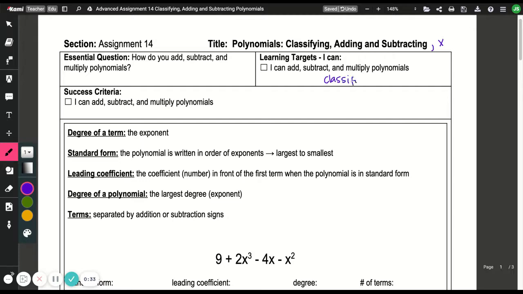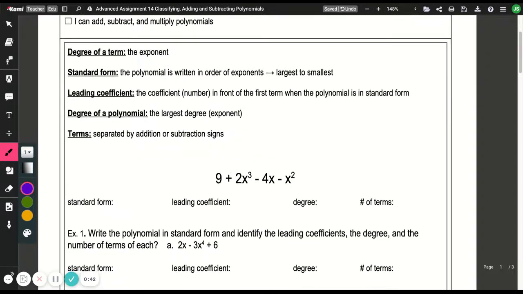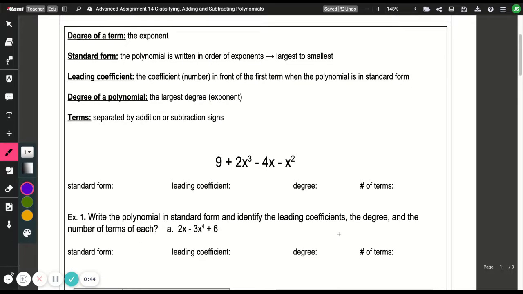So the first thing is talking about what is a polynomial. Polynomials are things like this, right? There are terms that are separated by addition and subtraction signs. You are not allowed to have radicals. You cannot have negative exponents.